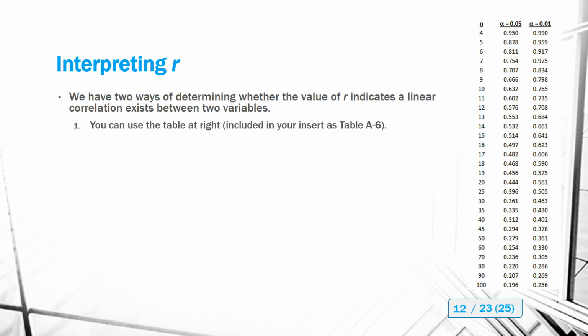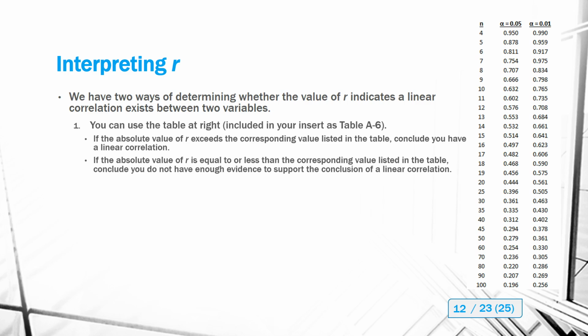This table is also included in the insert for your textbook, Table A6. Let me show you how to use this table. First of all, you're going to look at the absolute value of r, and if it exceeds the corresponding value listed in the table, then you have linear correlation. If it's equal to or less than the value listed in the table, then you don't have enough evidence to support concluding a linear correlation.